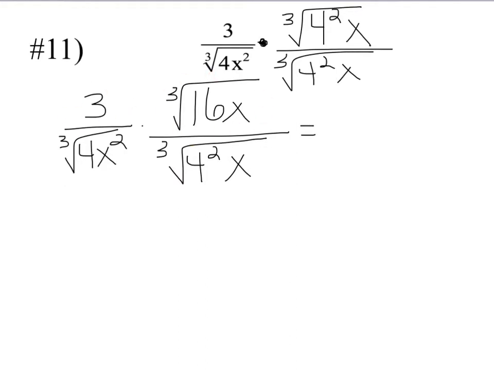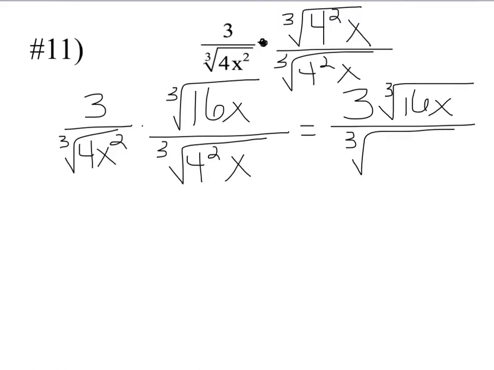So this becomes 3 times the cube root of 16x all over the cube root. Now I've got 1 4, 2, 3 4s. So 4 cubed.